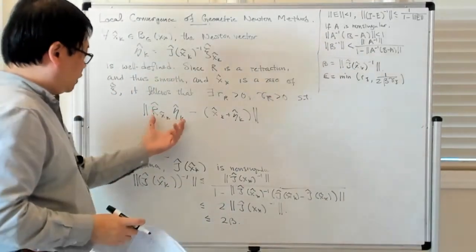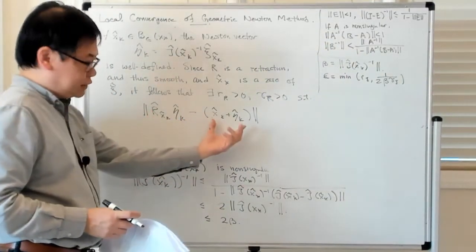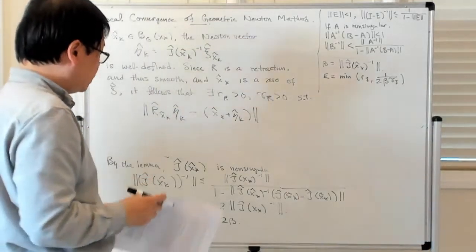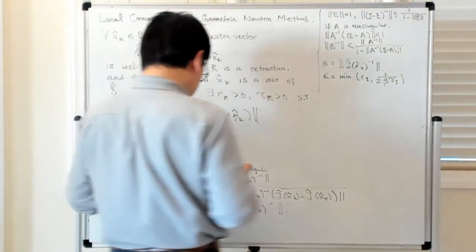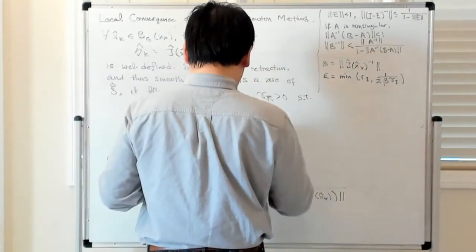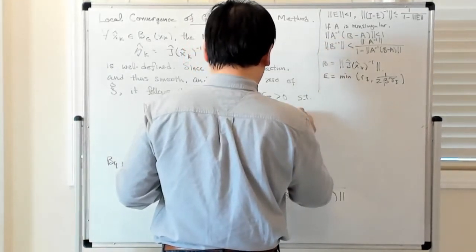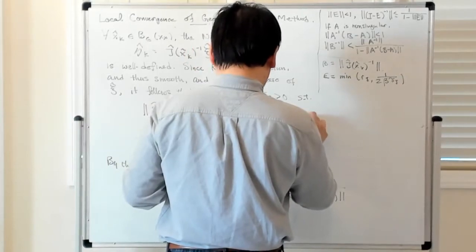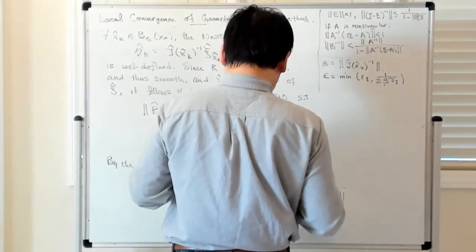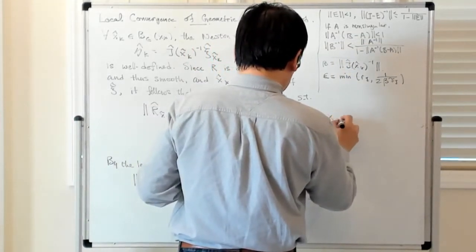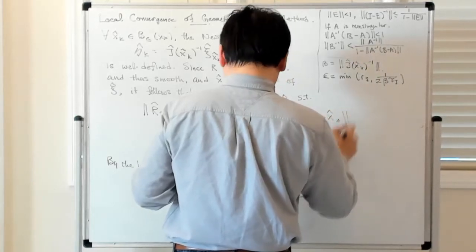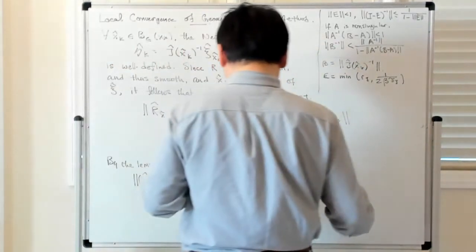So I'm comparing this retraction with this other thing, right? And I want this to be less than or equal to gamma r times the distance between the point xk hat and x star hat, squared.